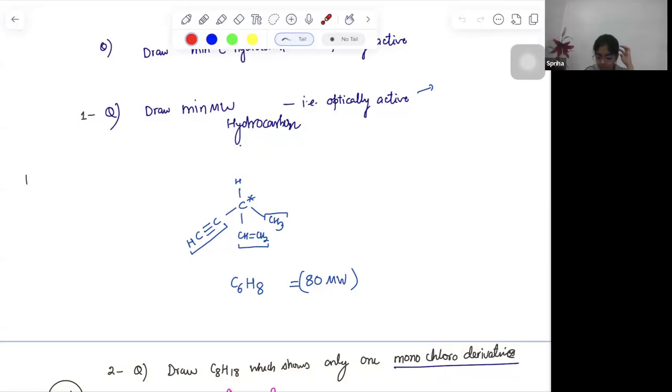Sir, will it be 2,2,3,3-methyl butane? Yes, 2,2,3,3-tetramethyl butane.